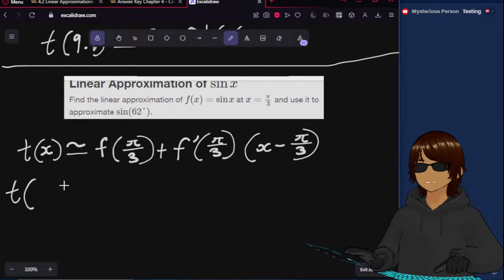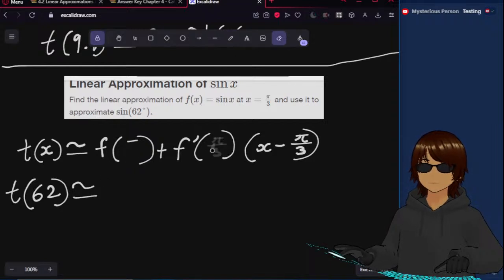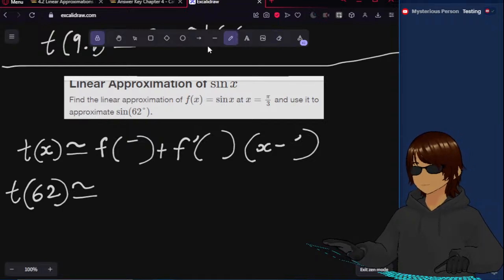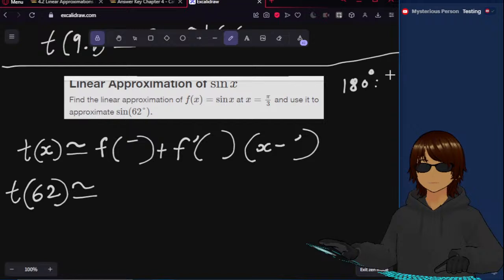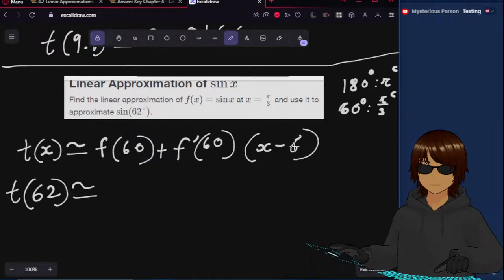This is in degrees and this is in radians. 180 degrees is pi radians. So 60 degrees is pi over 3 radians.